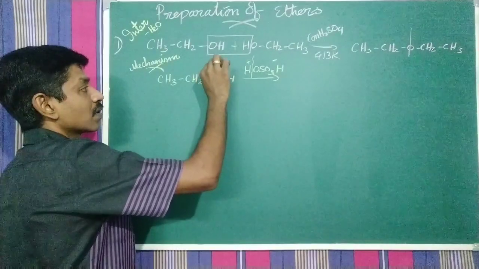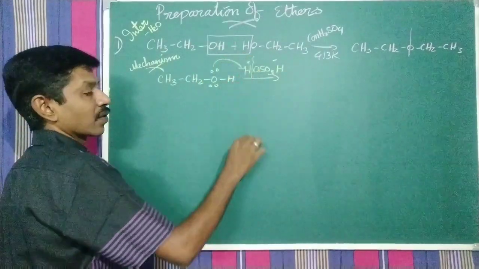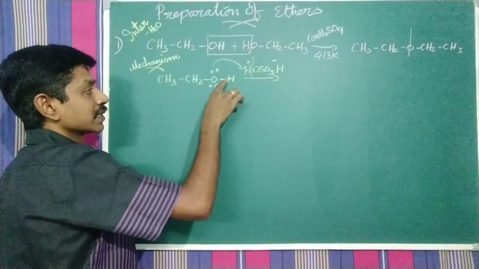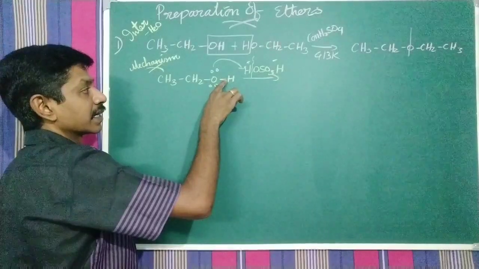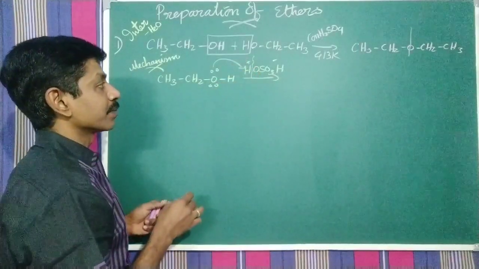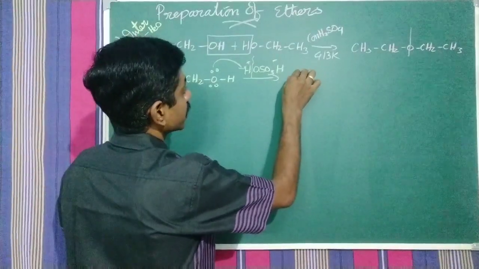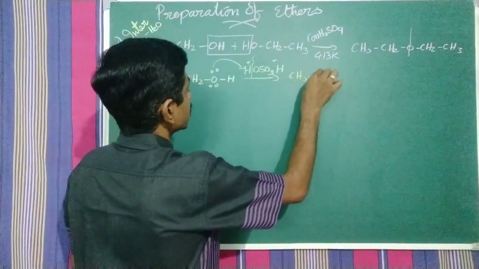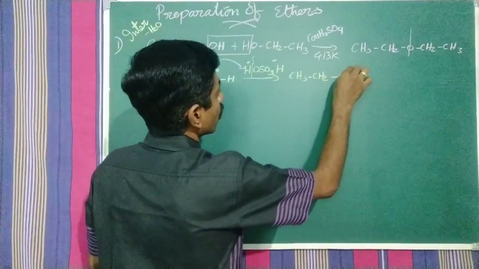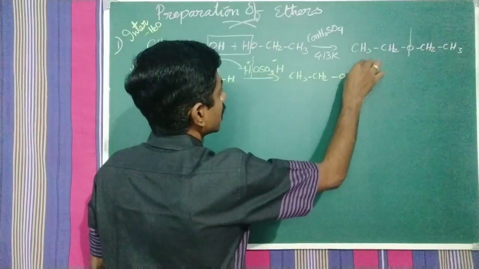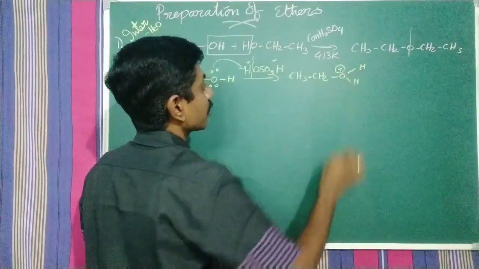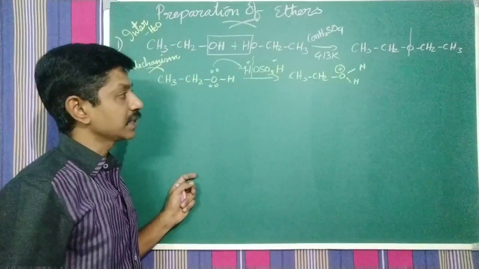The alcohol's oxygen will donate a lone pair of electrons. Thereby this oxygen will invite the hydrogen to bond with it. Because of that, the structure becomes CH3CH2O with the 2 hydrogens, and the oxygen gets a positive charge. This is the first step.